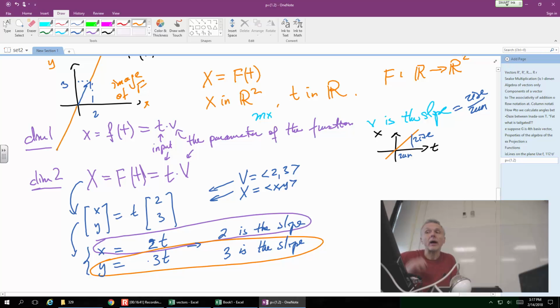So this is my line as it is represented by our vector equation, x capital is equal to t times v capital. Now I want to split it into components separately, and I did. I have them over there. So in the original, the meaning of 2, 3 is at the top. It is the direction of the vector, 2 this way, 3 that way.